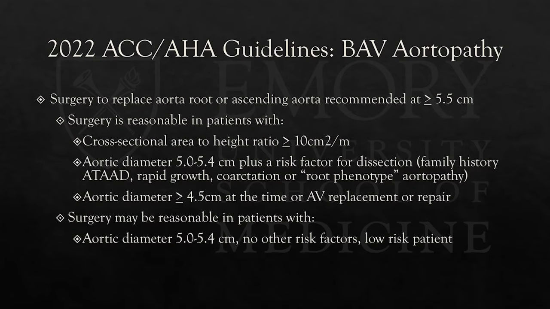Those include a family history of dissection, rapid growth of the aneurysm, which is generally understood to be greater than 0.5 centimeter per year on surveillance imaging, coarctation of the aorta, or family history of coarctation, that you can meet class 2 criteria for an operation to replace the aorta, or this so-called root phenotype.